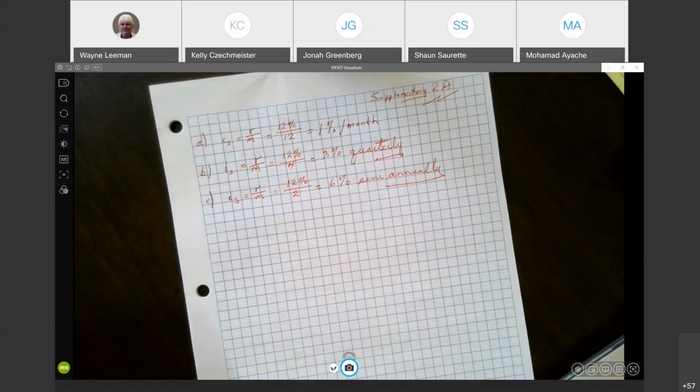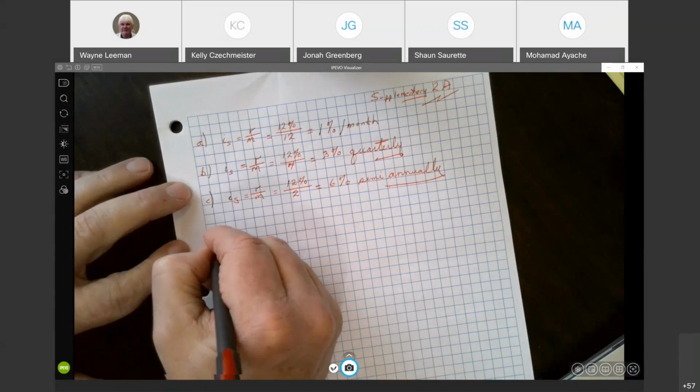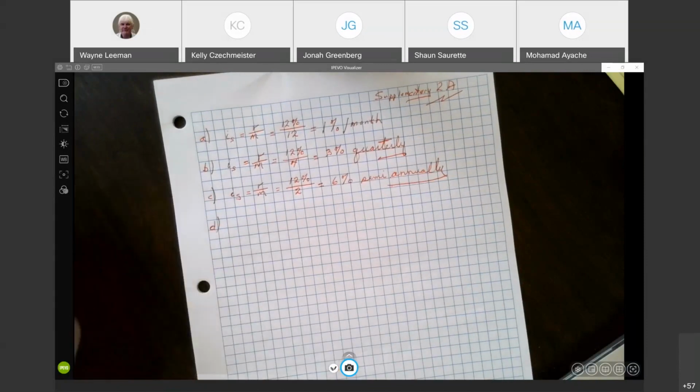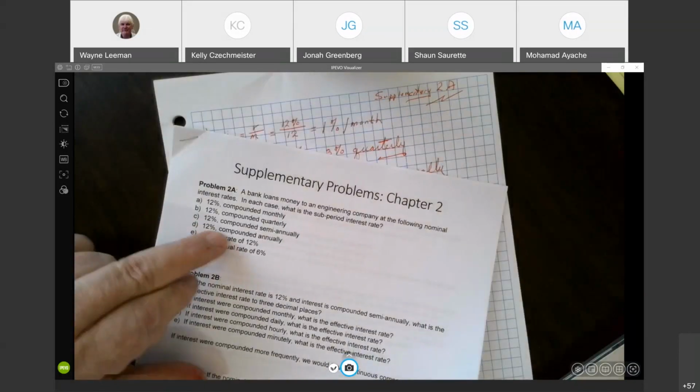You see the pattern now that's developing here. So let's look at D. D on this is 12% compounded annually.